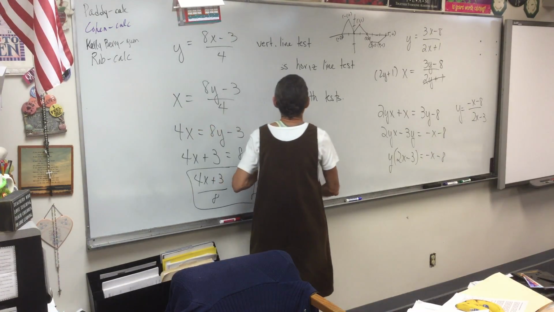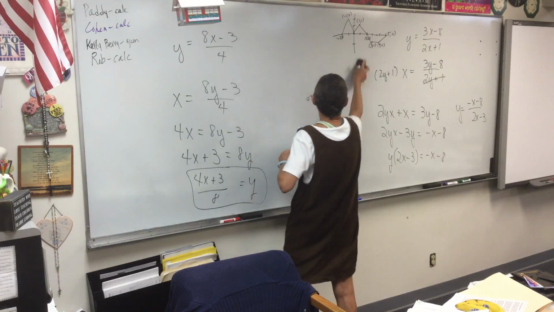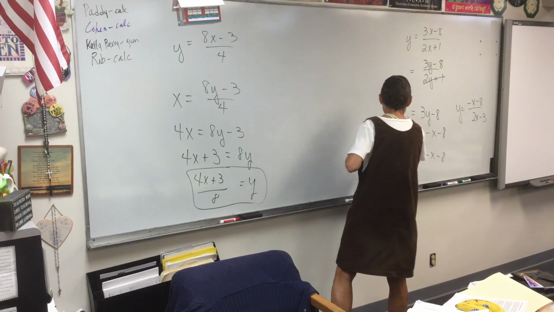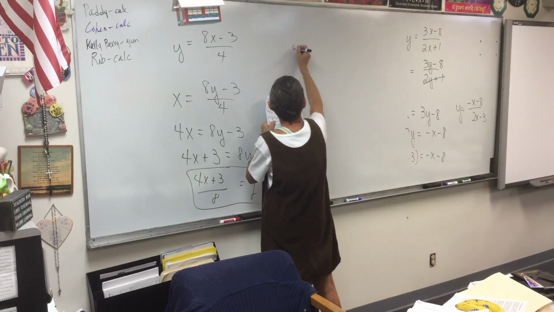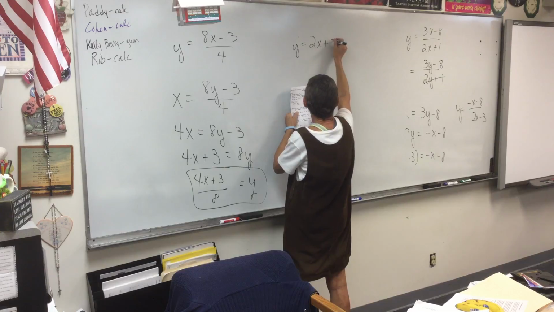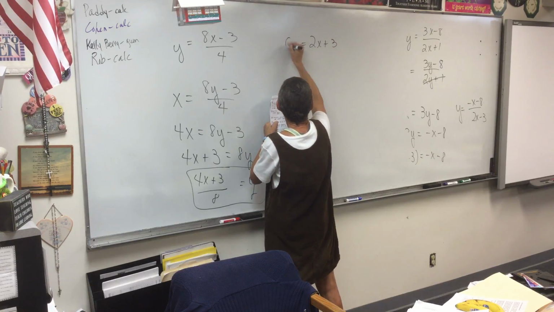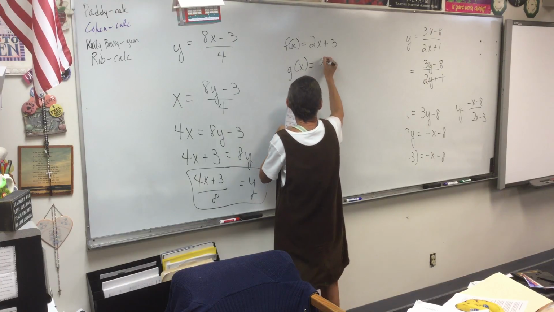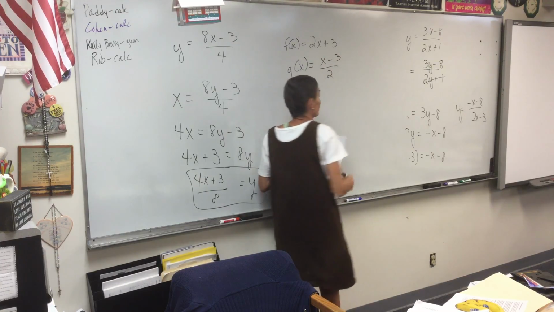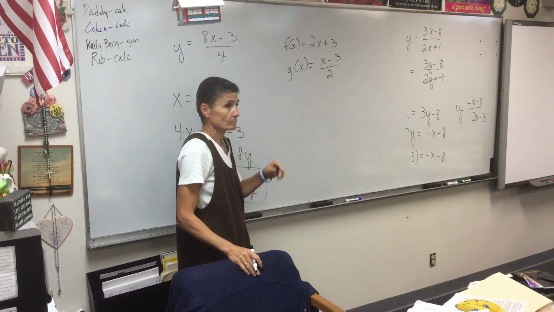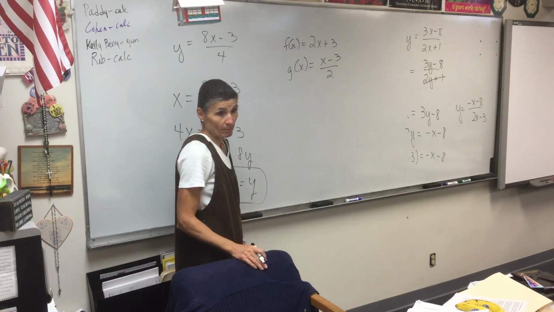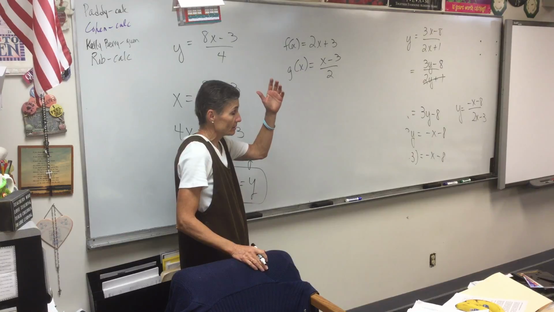All right, number 8. Who remembers how I can tell you real quickly if these two guys are inverses or not? Ethan, pick a random number. 7.